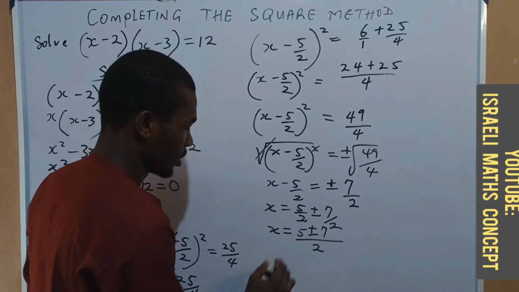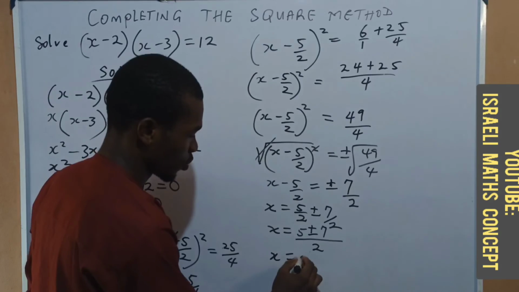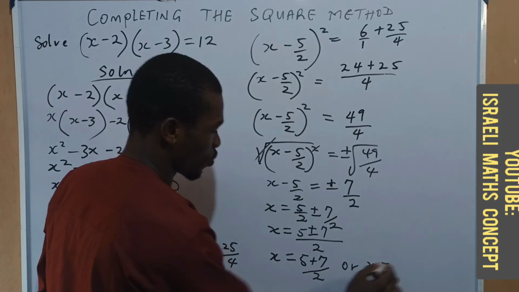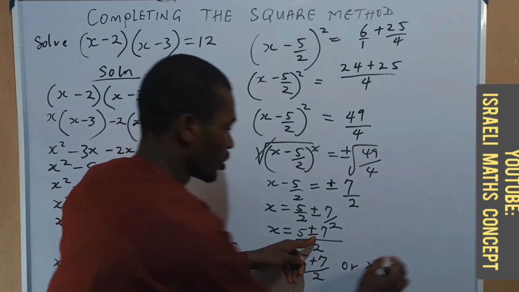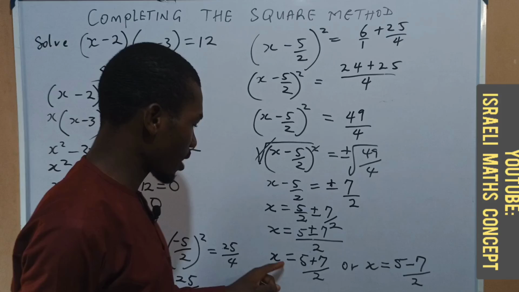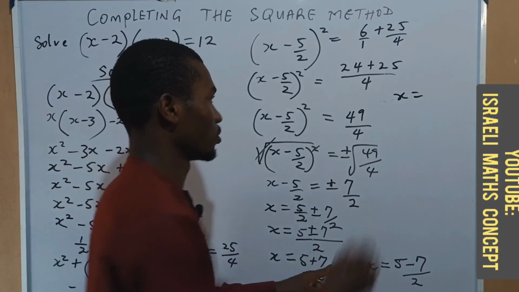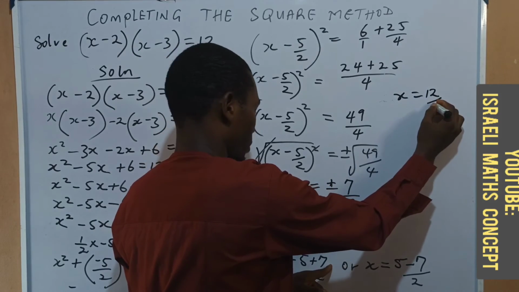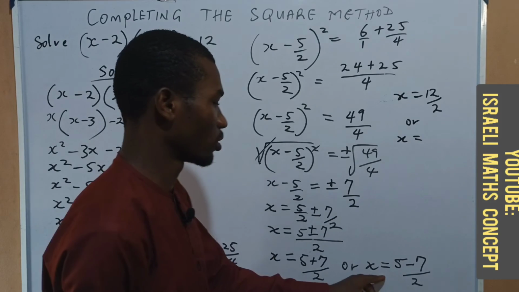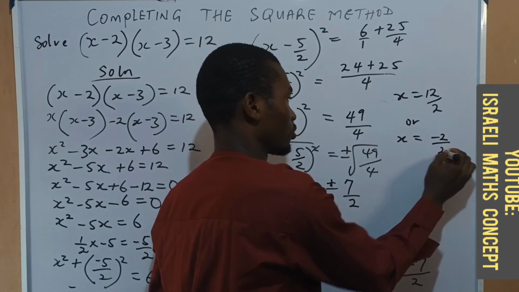Then I have that x is equal to, taking for positive first, we have 5 plus 7 all over 2, or x is equal to, taking for the negative also, we then have 5 minus 7 all over 2. Then x is equal to 5 plus 7 is going to give us 12 all over 2. Or our x is equal to 5 minus 7 is going to give us negative 2 all over 2.